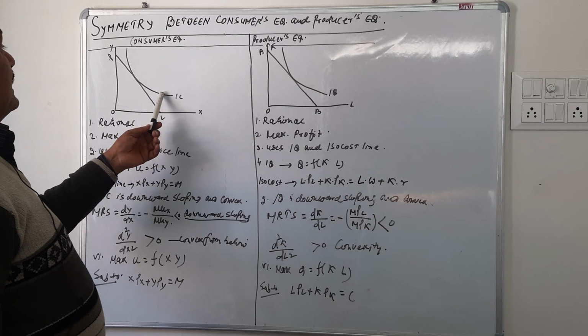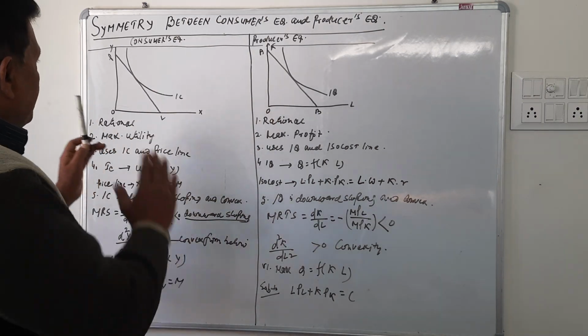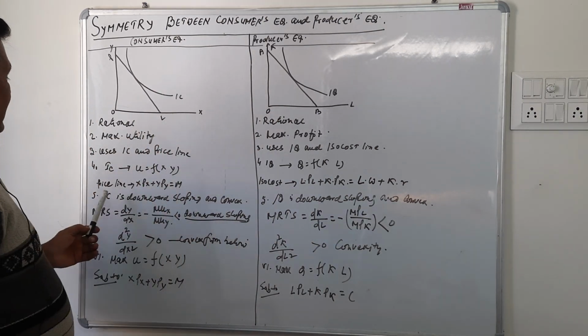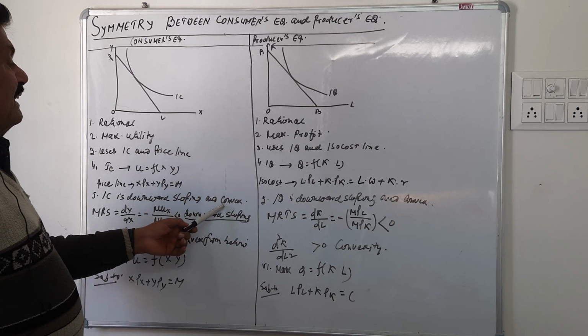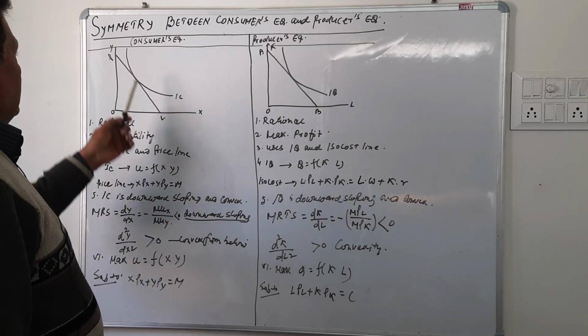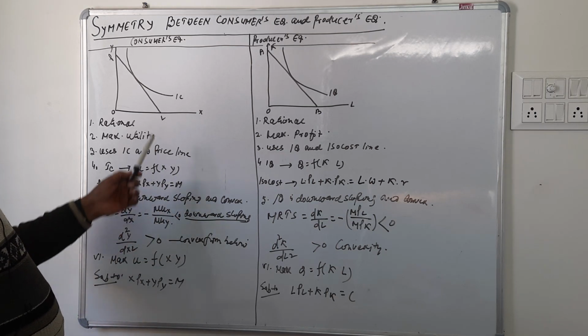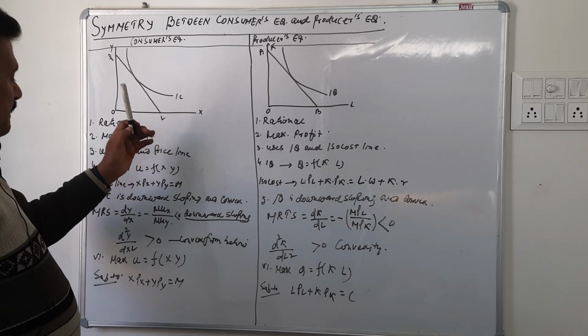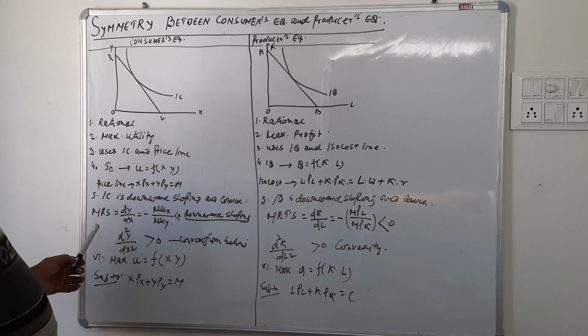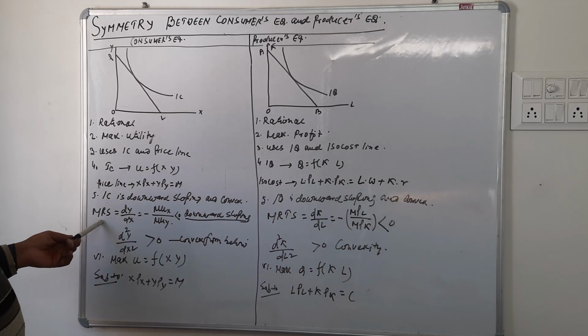Now if we compare IC and IQ, IC is downward sloping and convex from below. The downward sloping nature of IC is shown by the marginal rate of substitution.